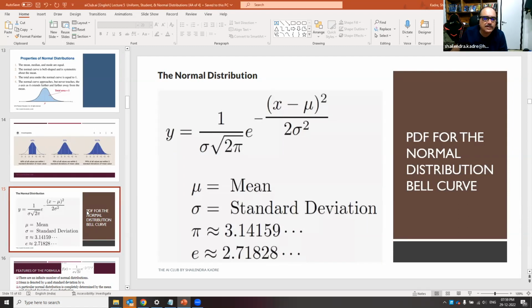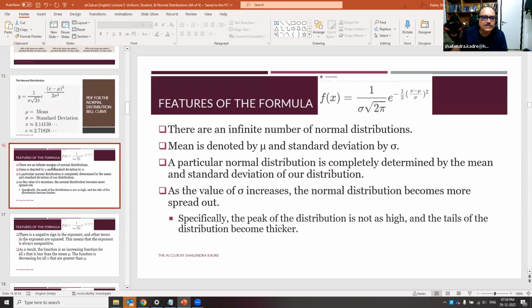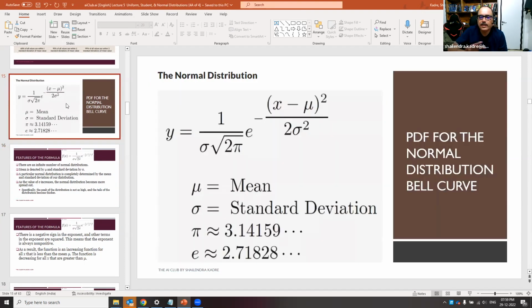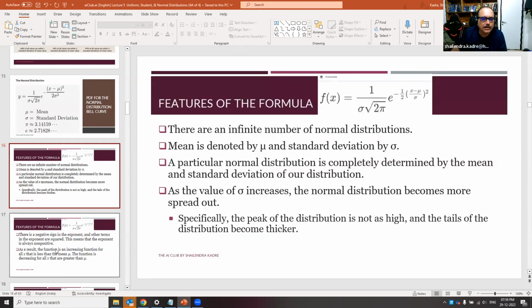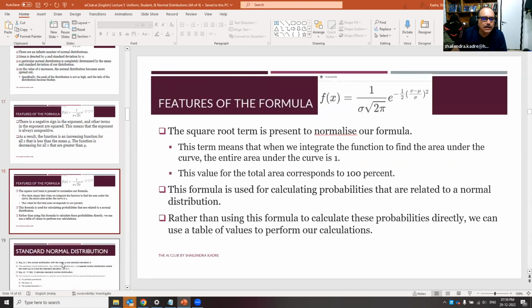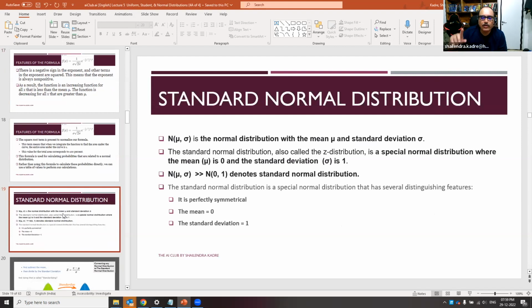What is next? I'll start from tomorrow. We'll study some more features of this same formula. We have a couple of slides on that. Then we will design one more distribution, the standard normal distribution, which is a special case of the normal distribution.